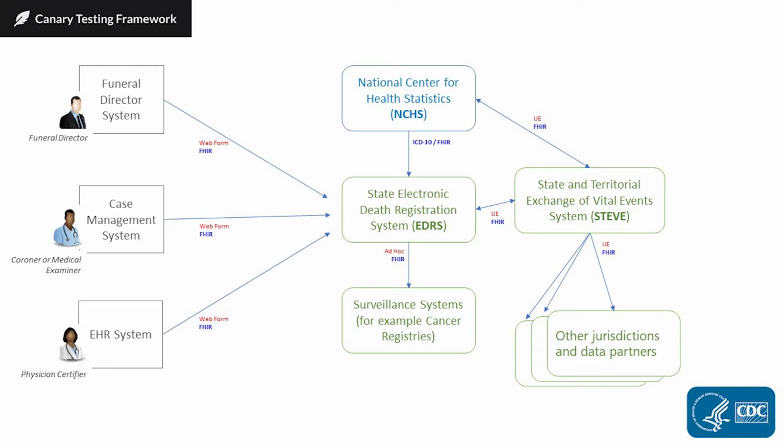The intended goal of NCHS through the eVital Standards Initiative is to modernize the exchange of data and embrace communication using the FHIR standard, noted in blue, providing a single, consistent data and communication standard across the whole ecosystem. Using FHIR will reduce the burden on stakeholders while improving timeliness and data quality, which in turn will promote better public health.